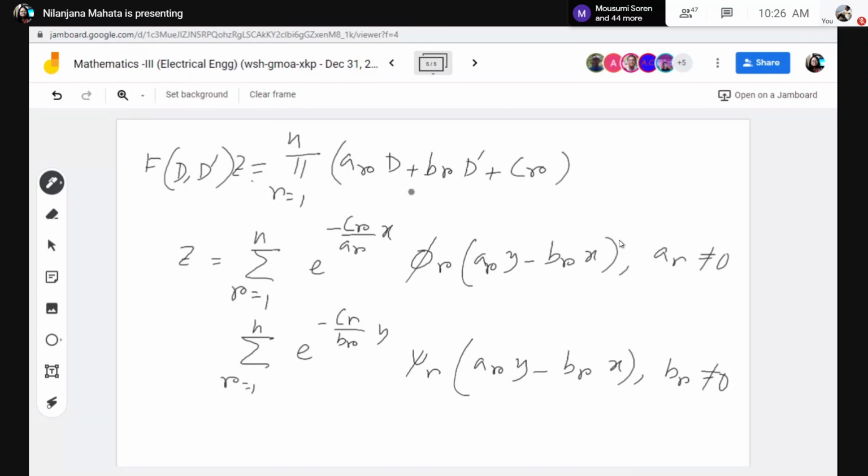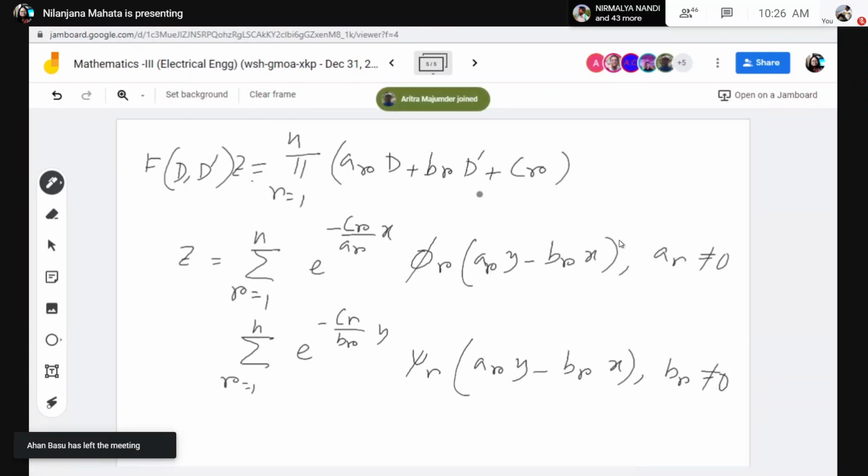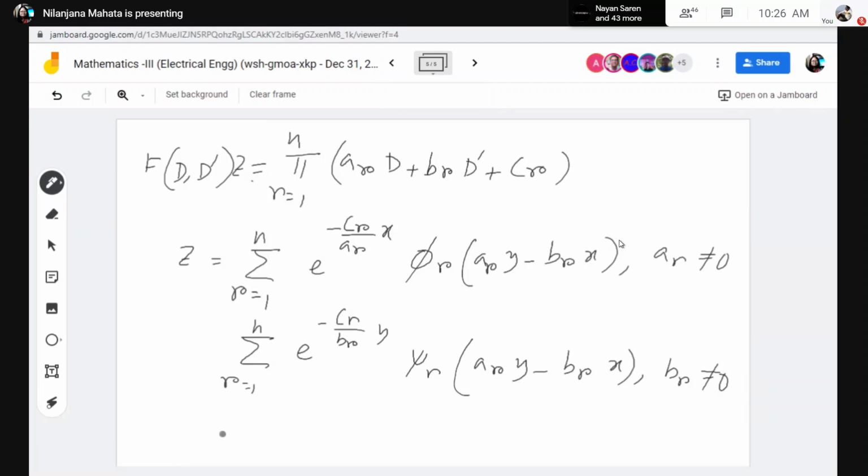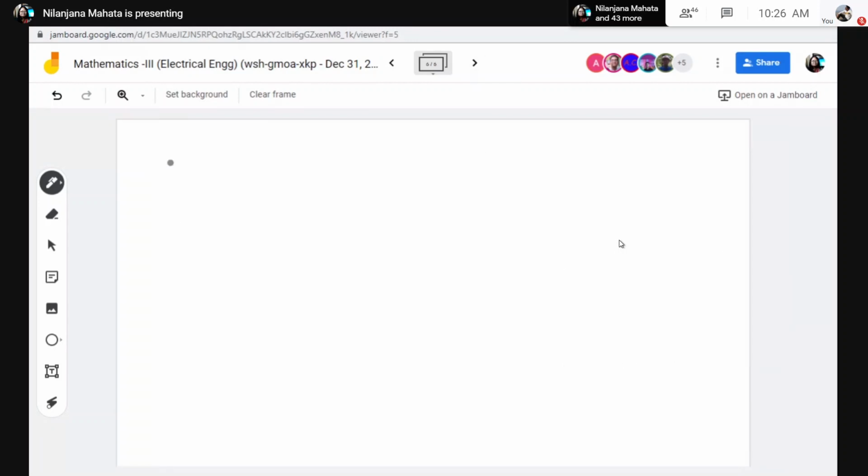And suppose if some of the terms are repeated, then we will have the form in z. Suppose I have a term like AD plus BD' plus C. This is repeated 8 times.